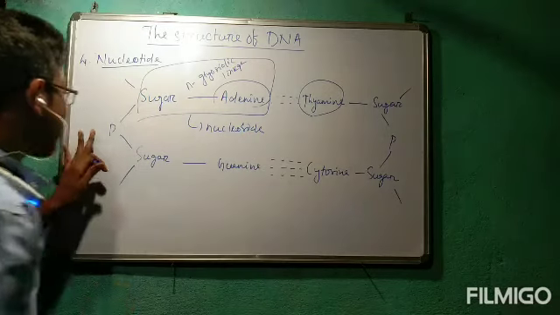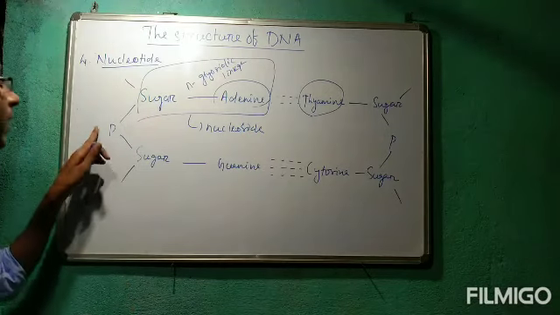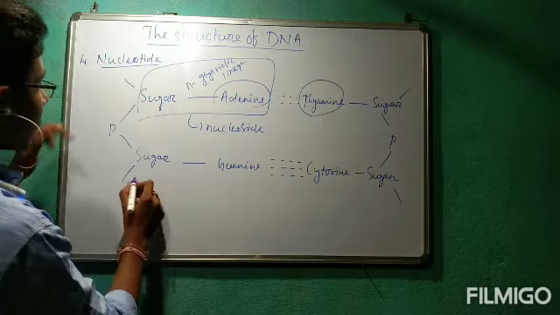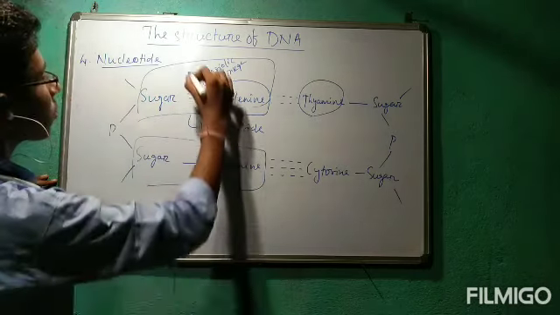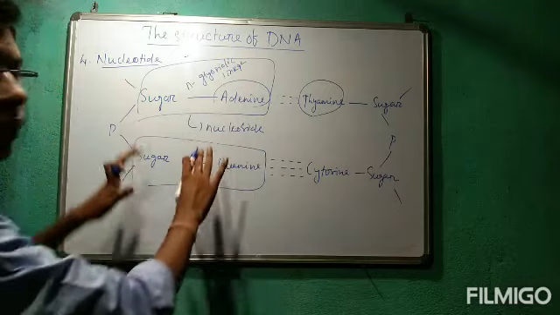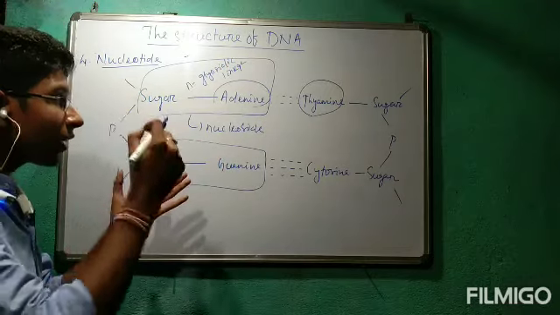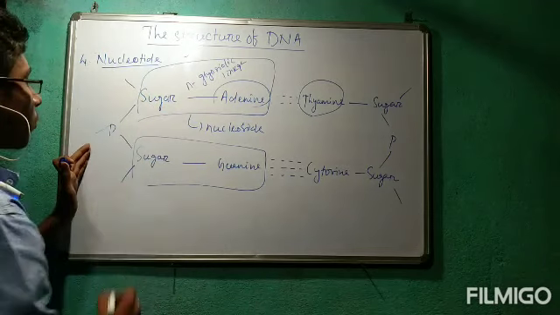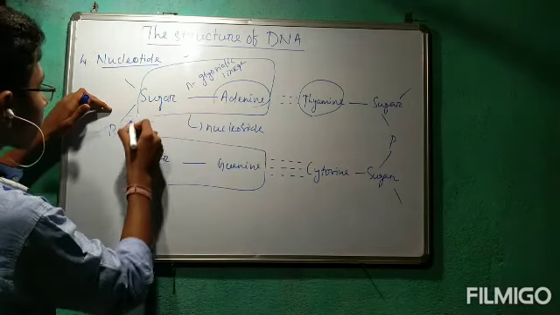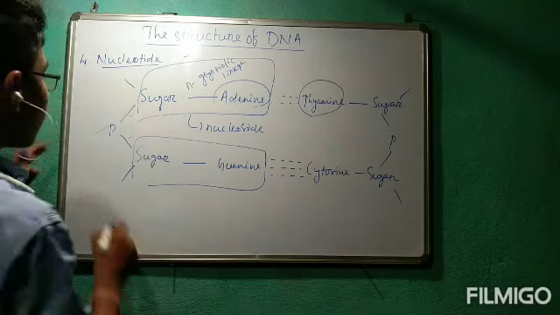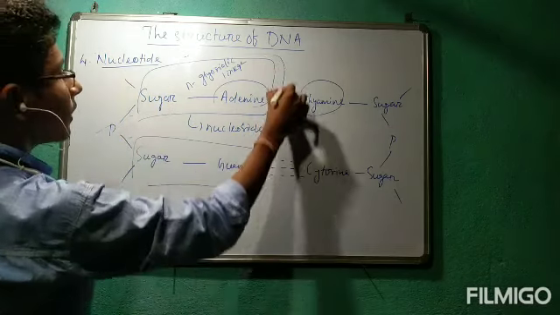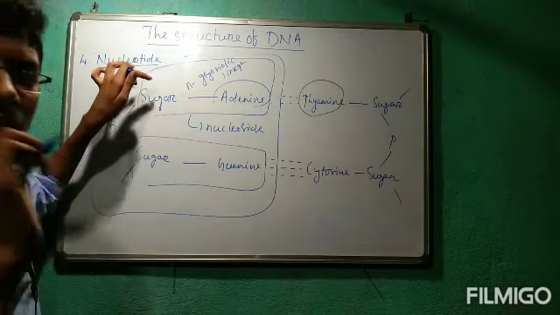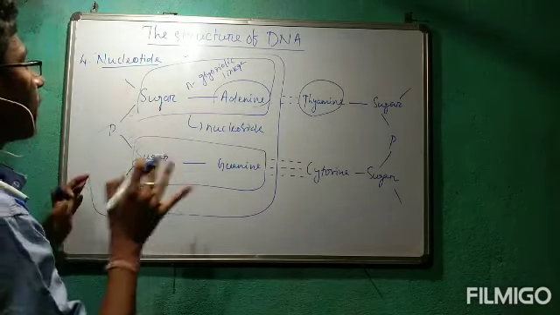But when two nucleosides are connected with a phosphate group by two phosphodiester linkages, then the whole part is called nucleotide. Don't confuse nucleoside and nucleotide.